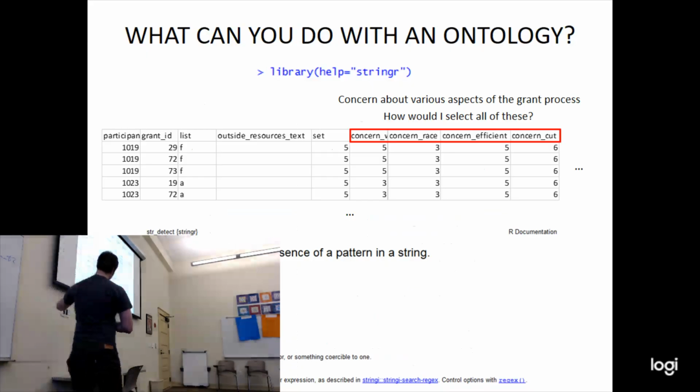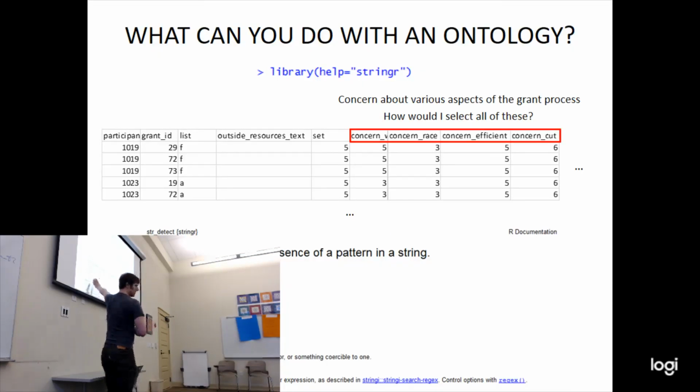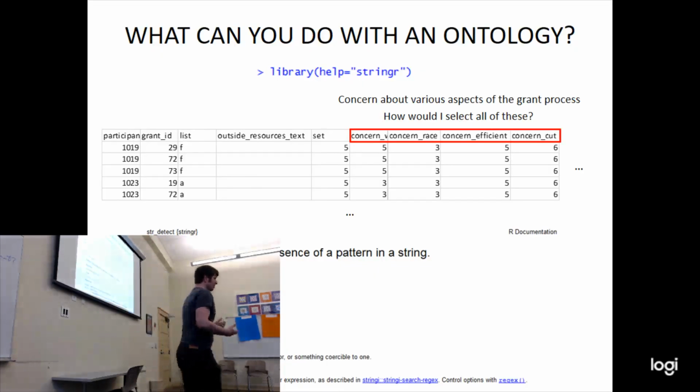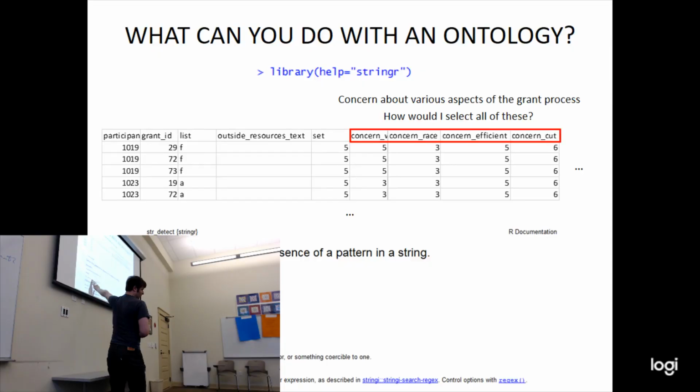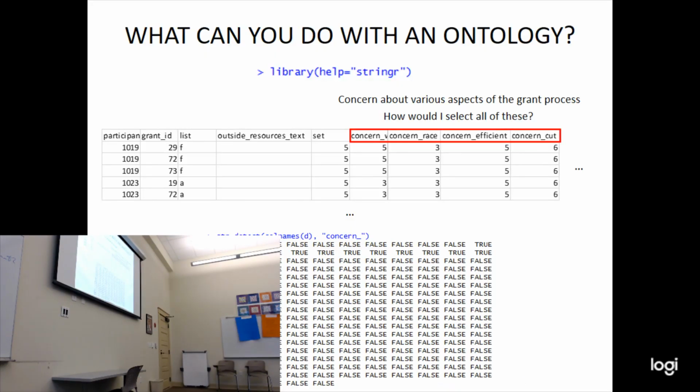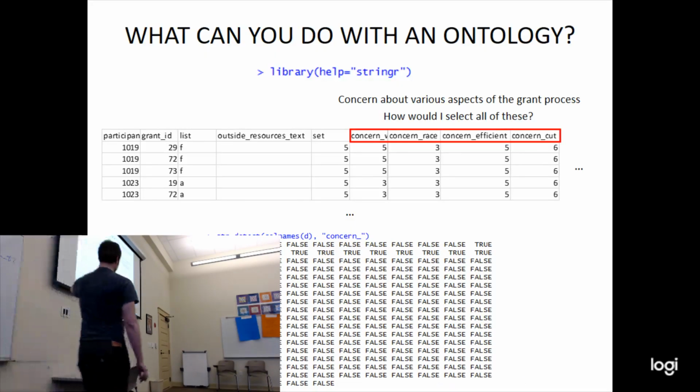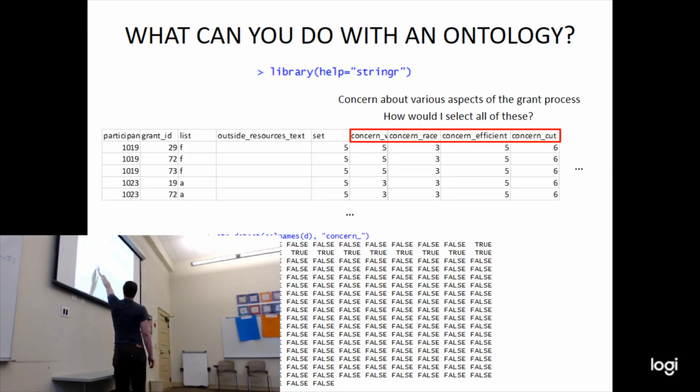The way you use stringr is that you give it the string, or the set of text that you want to search, so the variable names for example, and then you give it the pattern that you want to search for. So for example, I can use str_detect to look in each of the column names, the variable names of the data set that I'm working with, and search for concern underscore.